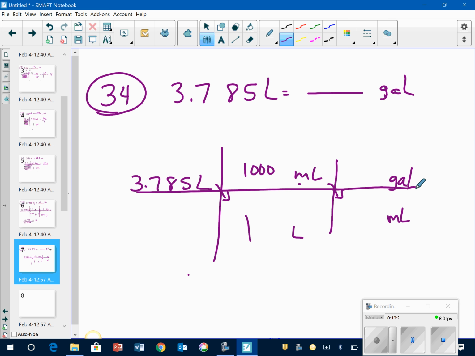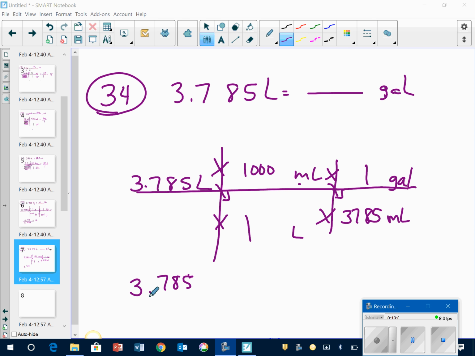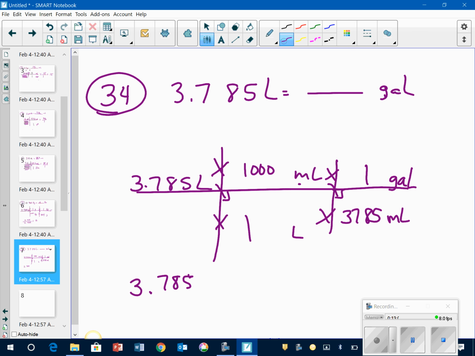Okay, so you look in your chart and you know 1 gallon is equal to 3,785 milliliters. So then we just multiply across on both sides. So 3.785 times 1,000 is going to be... I'm sorry, I mean 3,785, not 3 point.